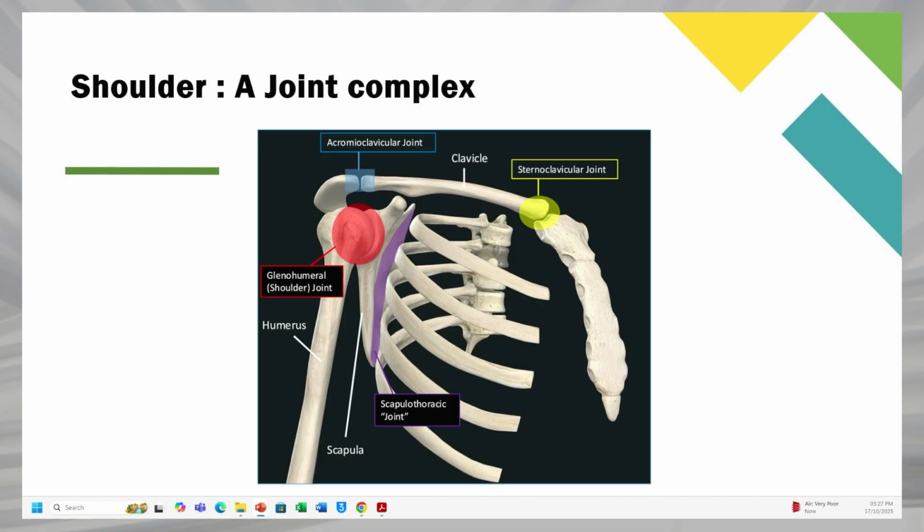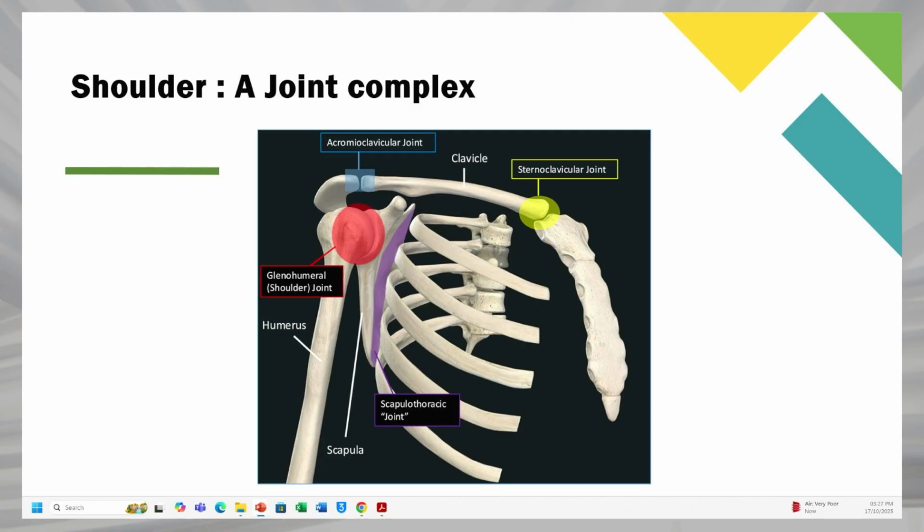The shoulder is a group of structures that connects the upper extremity to the thorax and the neck, and it consists of the glenohumeral joint, the acromioclavicular joint, and from here to the sternoclavicular joint.